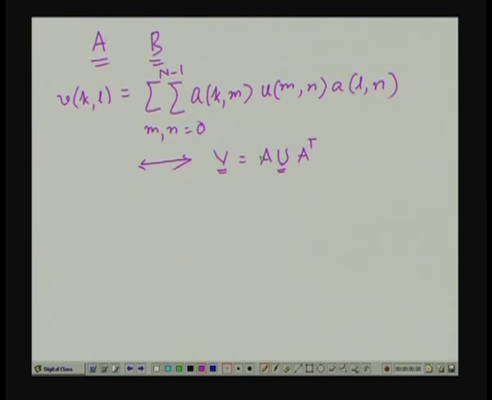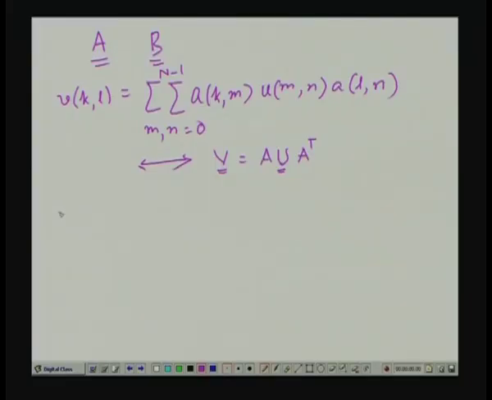In the same manner, for the inverse transformation, we have the coefficient matrix and we want to get the original image matrix from it.